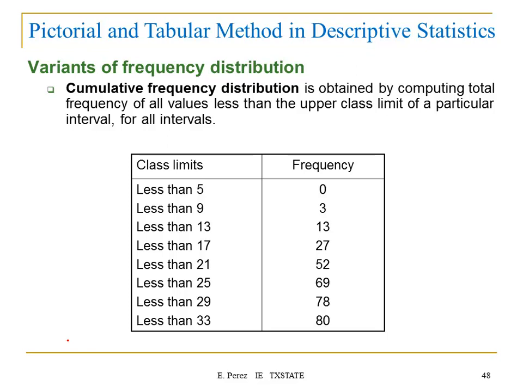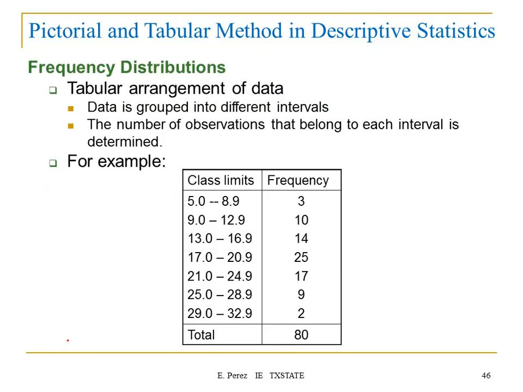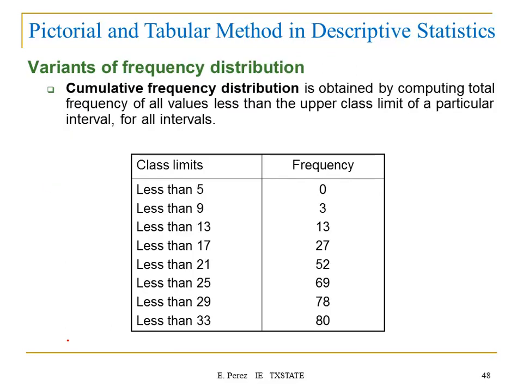Now, less than 15, we go here, we have 10 plus the other 3. So we start accumulating these because those means satisfy the constraint. So we have 13.